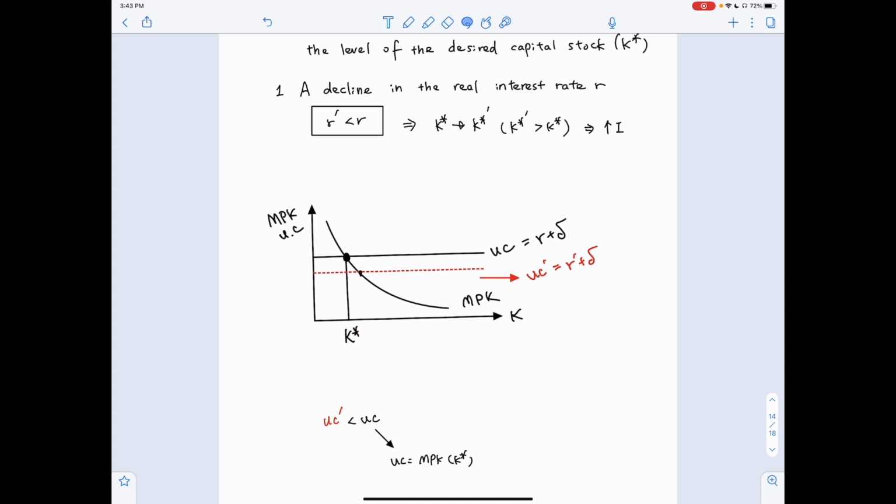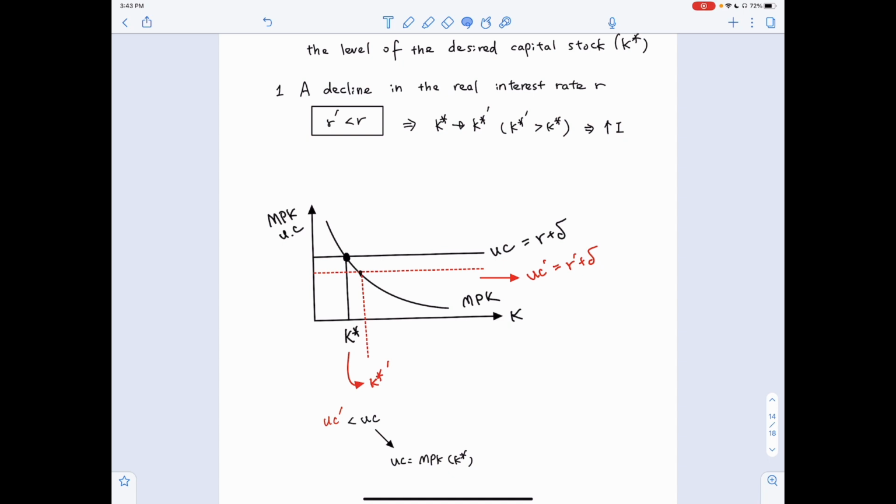Before the shock, the economy will choose the capital stock level where the marginal product of the capital equals the user cost, and they will choose K star. Once we have the new R, we are going to choose a new point of K, which is higher than the earlier one.